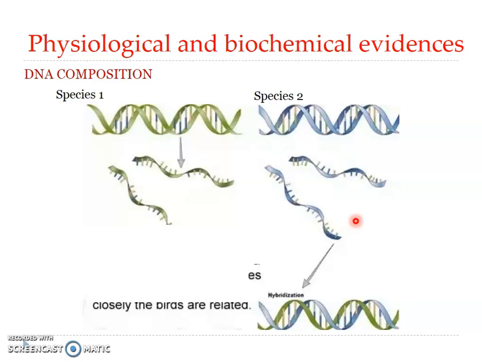This particular experiment was conducted by Hoyer and his co-workers, and the DNA similarities can be used to find out the phylogenetic relationship. If the DNA strands of two species are so closely base paired, or a maximum amount of DNA is getting base paired with the DNA of species 2, obviously it indicates a closer relationship, and so phylogenetically a very recent common ancestor.